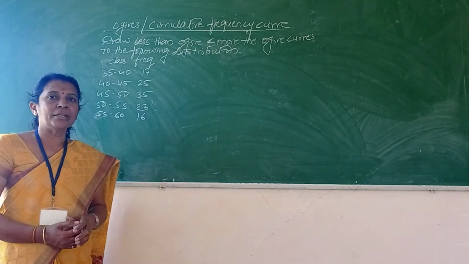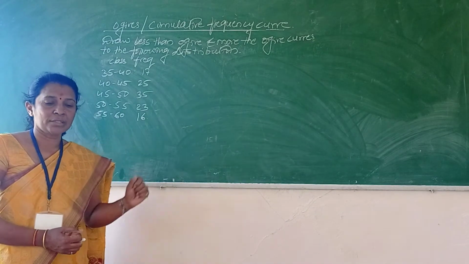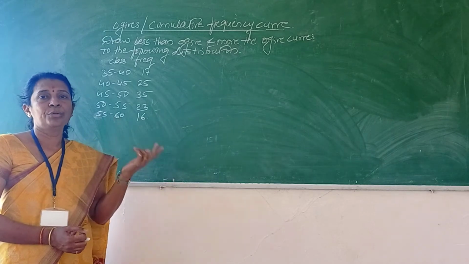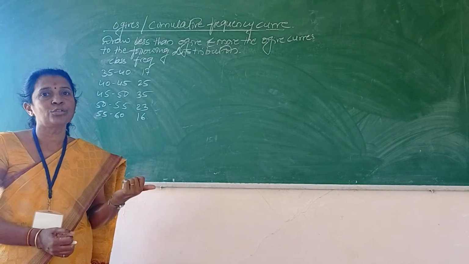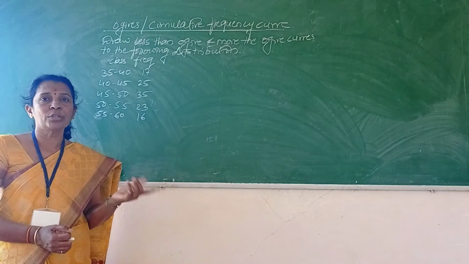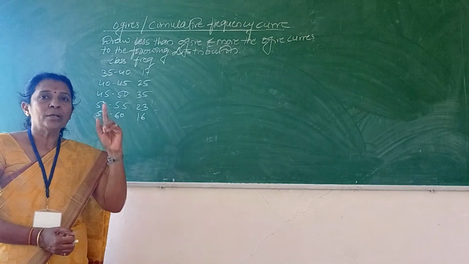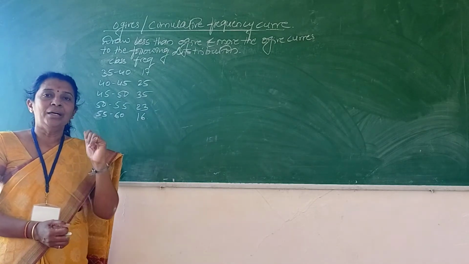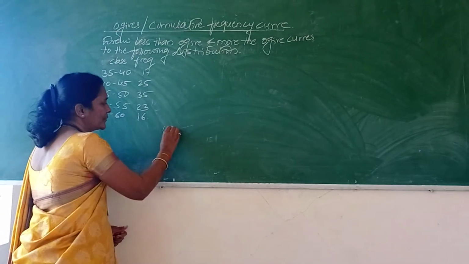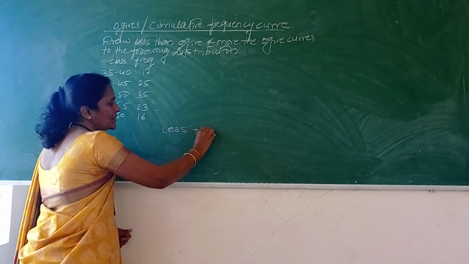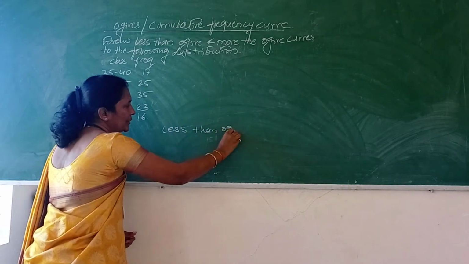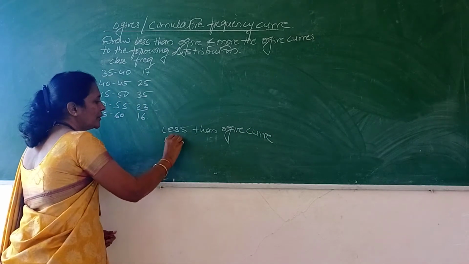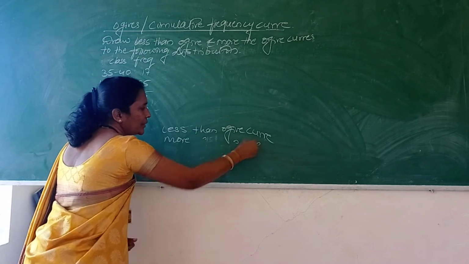Here what is happening is, we come across cumulative frequency of two types, that is less than cumulative frequency and more than cumulative frequency. So you will be coming across two types of Ogives: less than Ogive curve and more than Ogive curve.